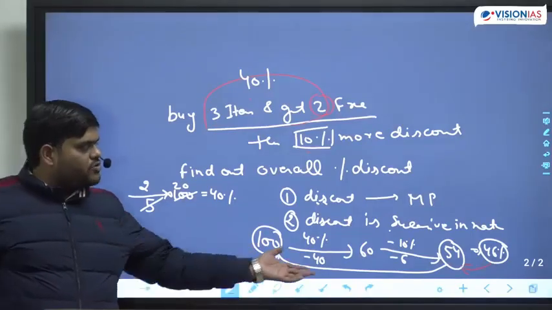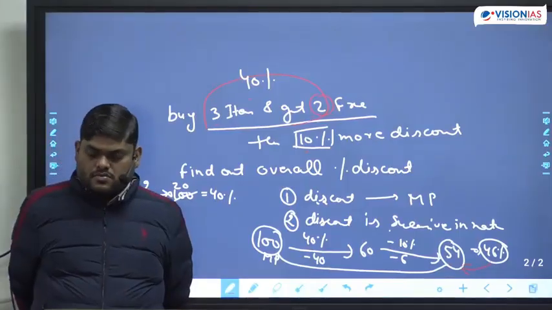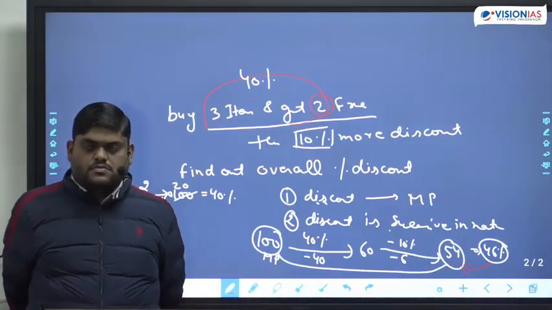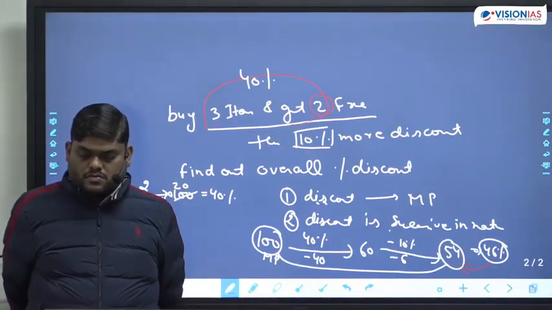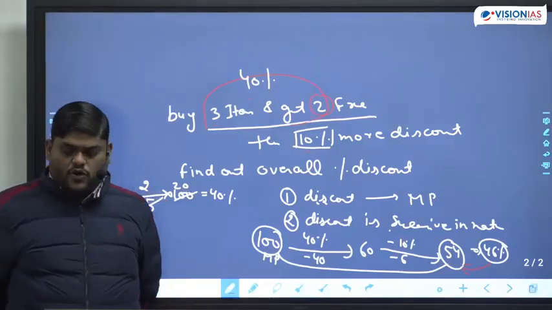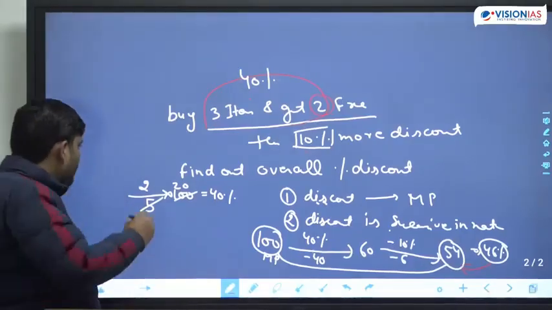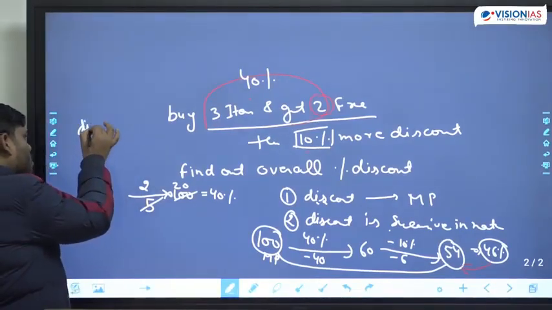So overall discount is 46%. Any doubt? Anything you want to ask? Otherwise, repeat: 46%. See, remember, what does discount mean?